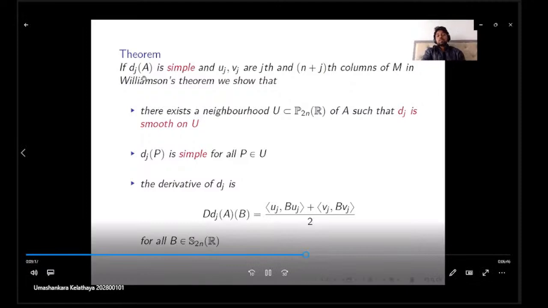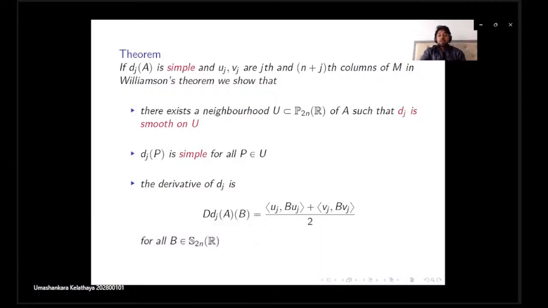If the jth symplectic eigenvalue of A is simple, then one can guarantee the differentiability of the jth symplectic eigenvalue map.